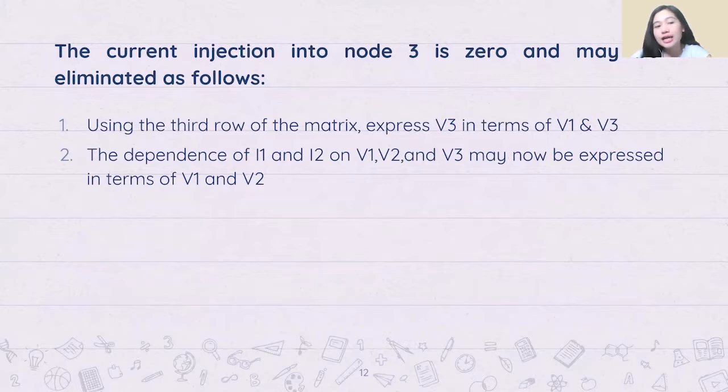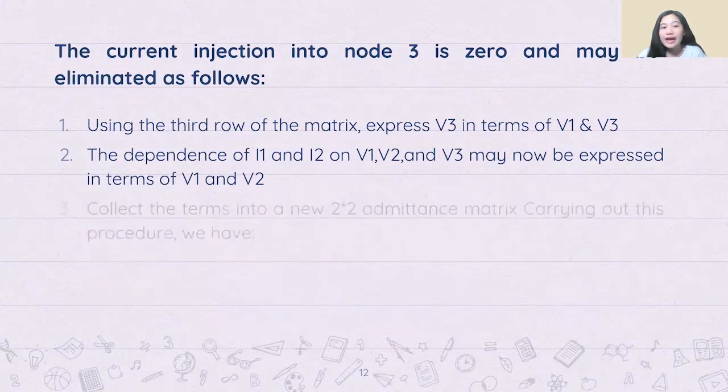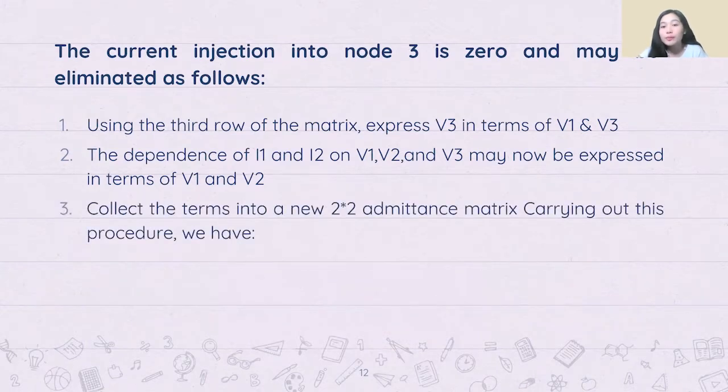So the first thing is that you have to use the 3rd row of the matrix to express V3 in terms of V1 and V2. So second is that the dependence of the current 1 and current 2 on voltage 1, 2, and 3 may be now expressed in terms of voltage 1 and 2 because of the fact that we had eliminated our 3rd row. And next, we have to collect the terms into a 2 by 2 admittance matrix carrying out this procedure.